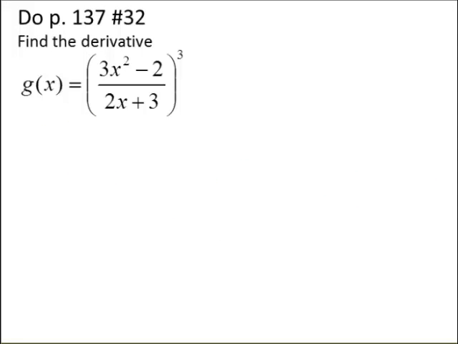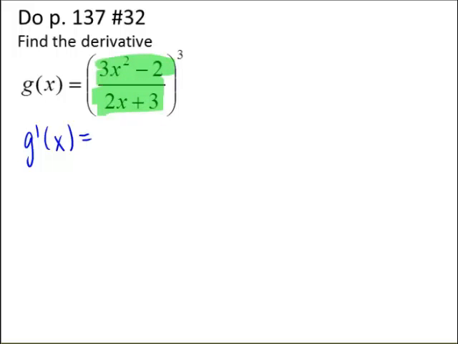This last example is a longer example because I have a quotient rule written to the third power. So I have quotient rule and chain rule that I'm going to have to apply to this problem. The derivative of g of x is going to be, I'm going to pretend that this is my big huge x.